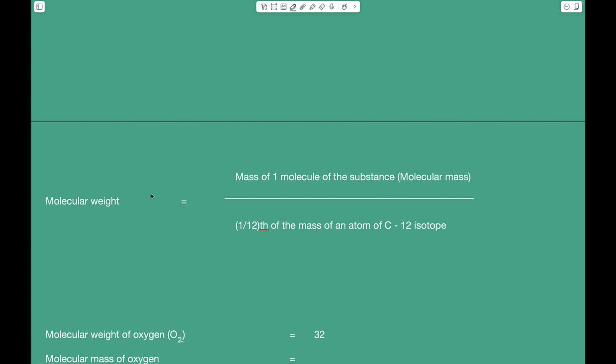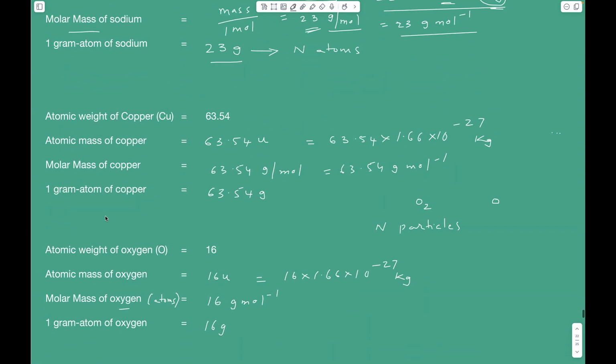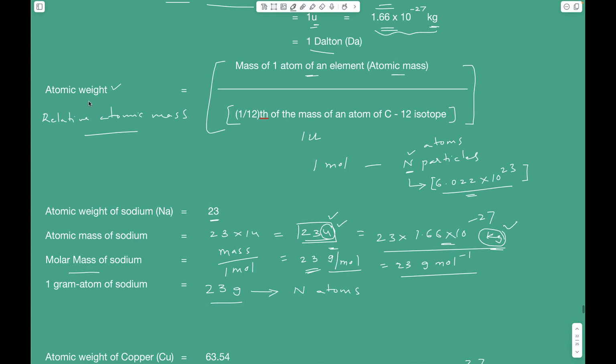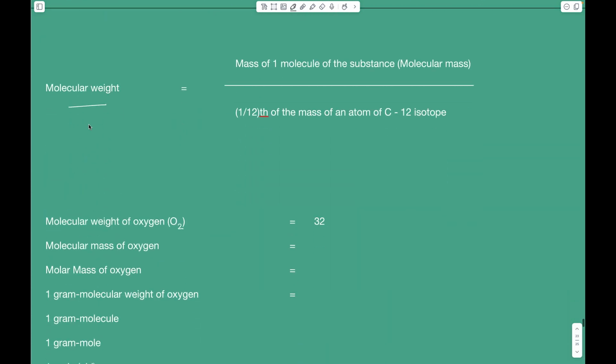Now, we can define something known as molecular weight for molecules just the way we defined atomic weight for atoms. And molecular weight by definition is the ratio between these two masses. This is similar to the definition of atomic weight. We just have to replace atom with molecule here. And again, this is a dimensionless number.